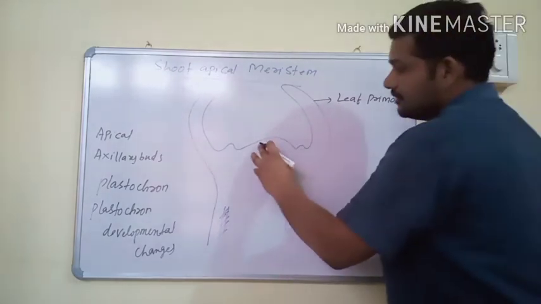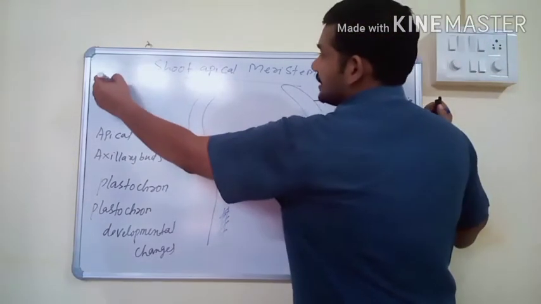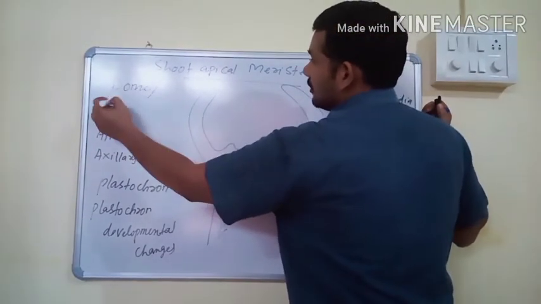Internally, the shoot apical meristem has a dome or conical shape.